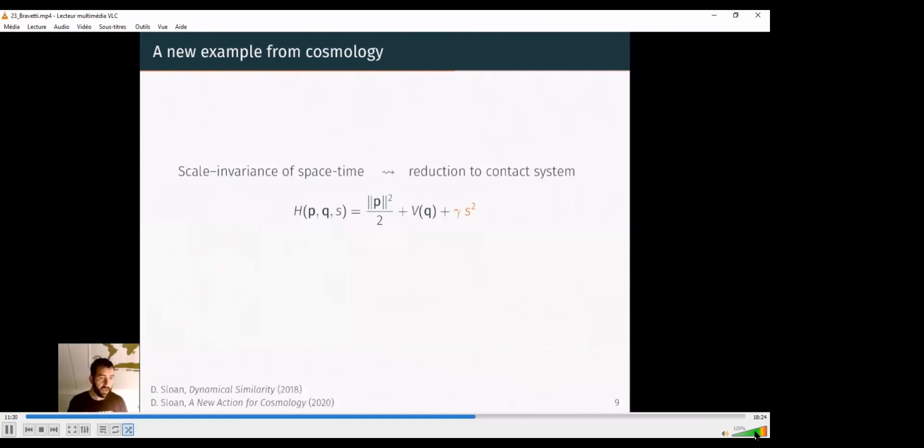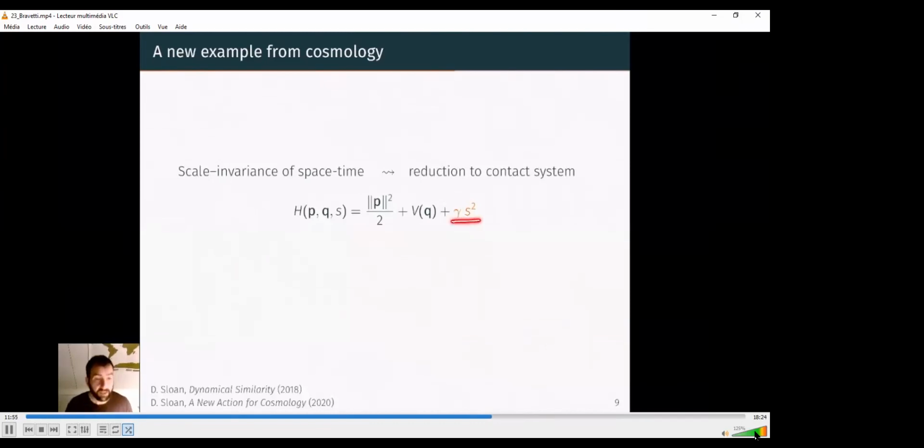So when you do a reduction that gets rid of the scale invariance, you in fact are doing a projection to a contact system that leaves you with a Hamiltonian of the form that is written there. The potential will be a bit complicated, and S squared will have non-trivial meaning in terms of cosmology, but all in all, you have a rather simple contact Hamiltonian system coming out of here.